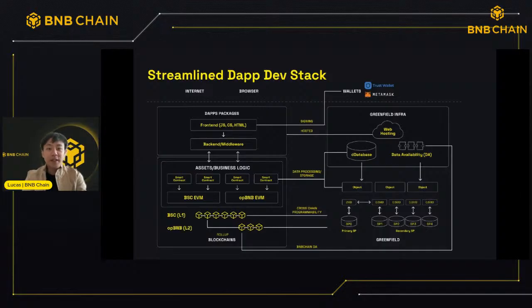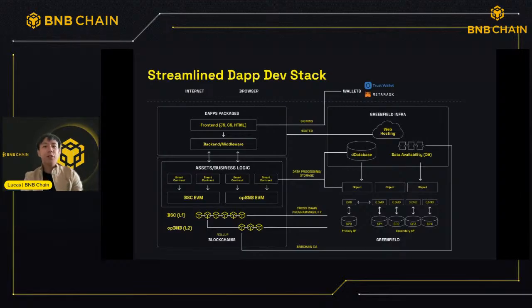At BNB Chain, we've designed our ecosystem to mirror this familiar development model within a decentralized context, ensuring a seamless transition for developers entering the Web3 space. Developers can build their client application using familiar frameworks like JavaScript and host them on BNB Greenfield, which is our decentralized data storage network. This ensures content is securely stored and readily accessible in a decentralized manner.